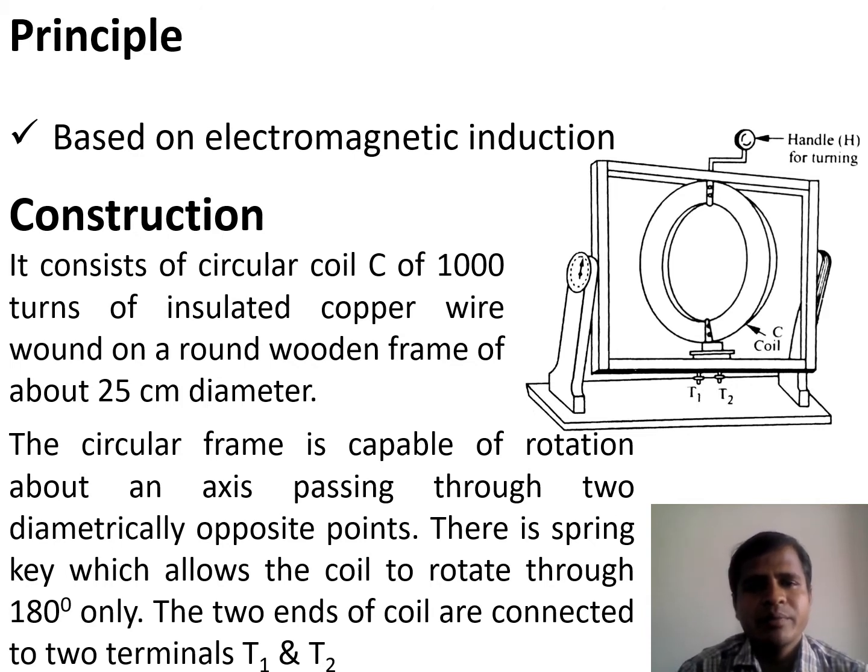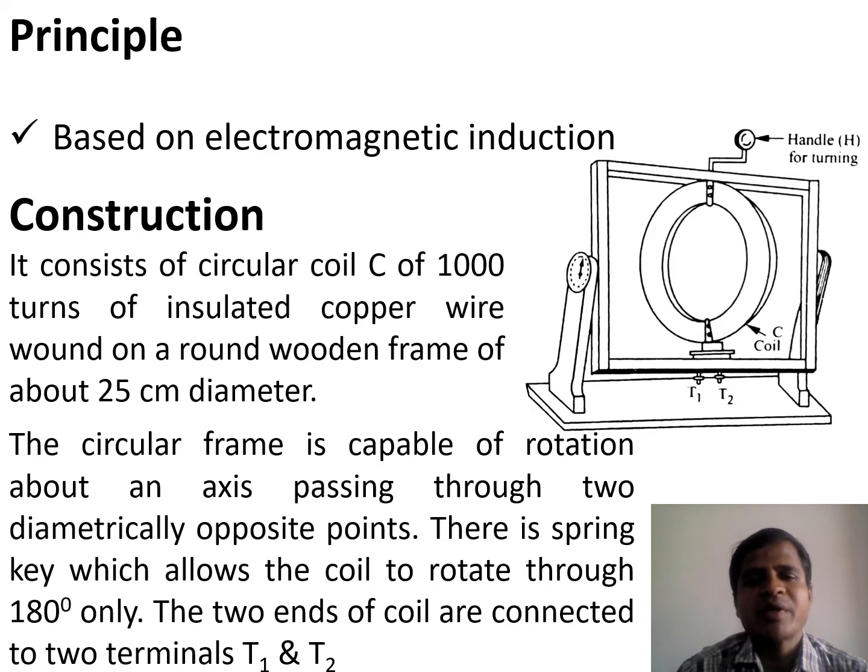Now the construction of earth inductor. On the right side of the screen, you can see the block diagram of earth inductor. It consists of a circular coil C, capital C, of 1000 turns of insulated copper wire, which is wound on a round wooden frame of about 25 cm diameter.